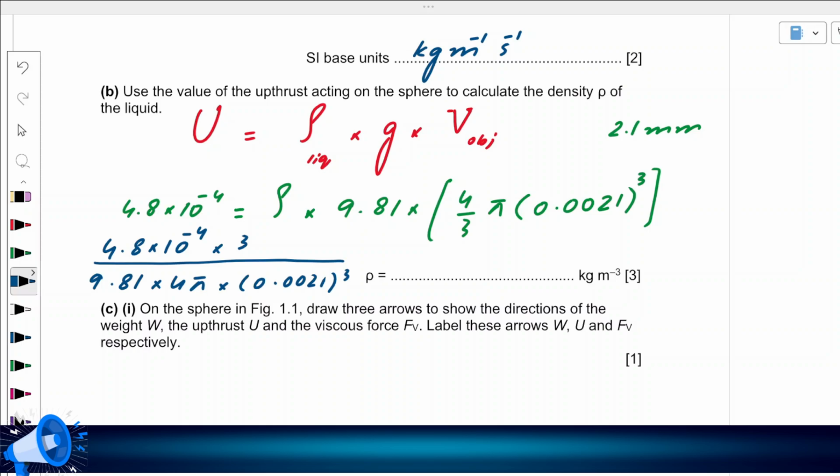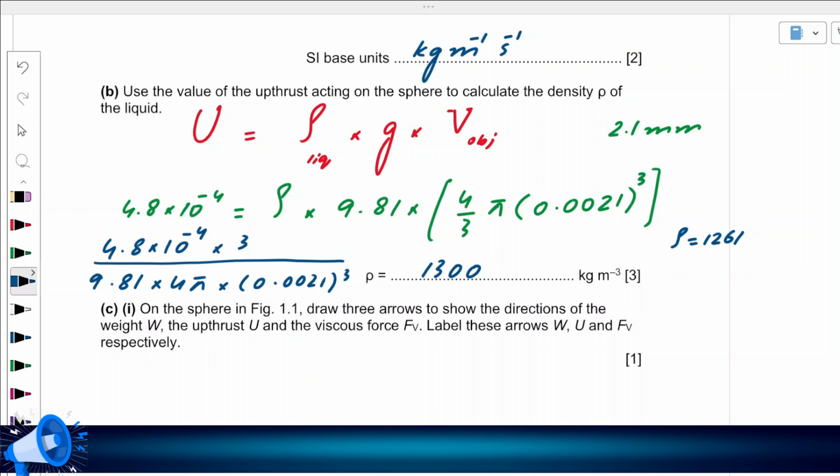Now that looks a very dramatic answer. 1261. Yeah, that's more like it. So you should write on the calculator as it is. Make sure you're writing in fraction. 1261 in 2 SF, I can write it as 1300.